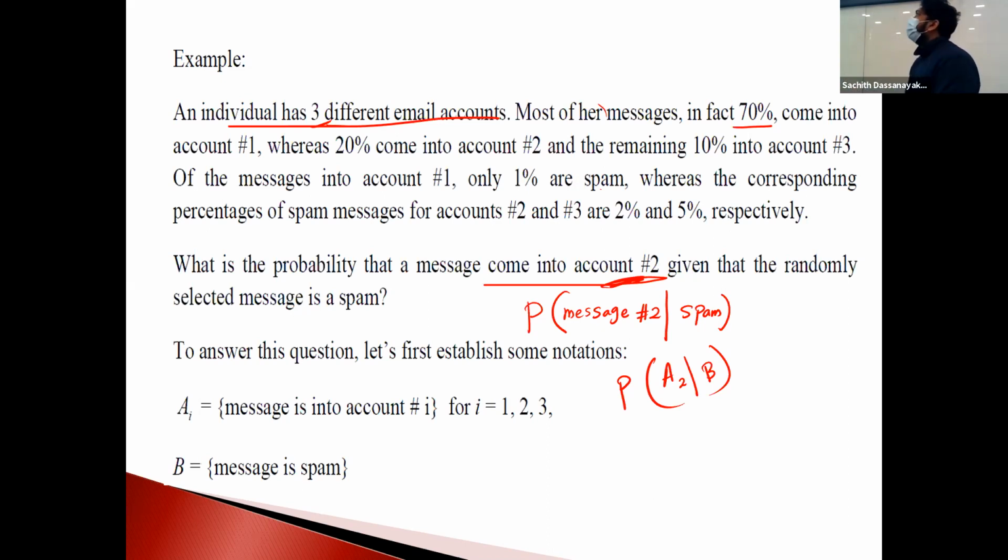Clear? So don't get confused. You may have this kind of confusion, but while you are solving problems, that will go away. Believe me, that will go away. Okay, any questions up to this point? No.